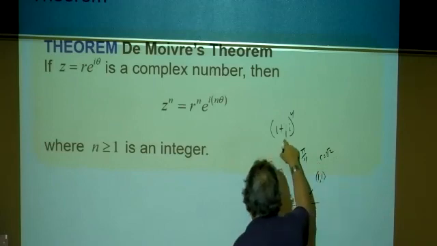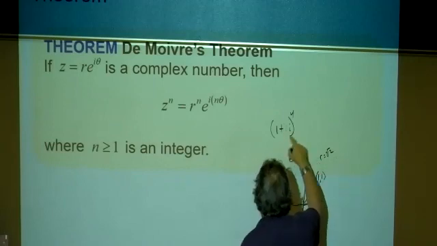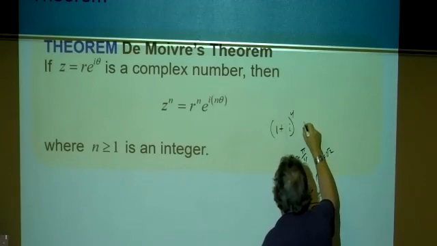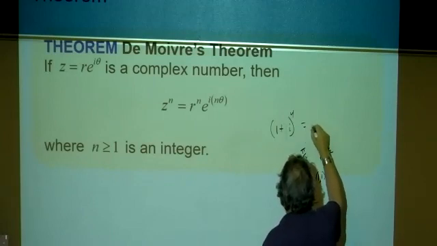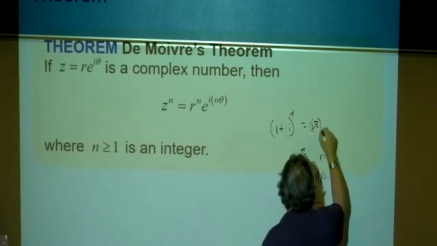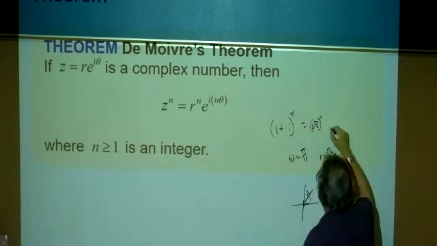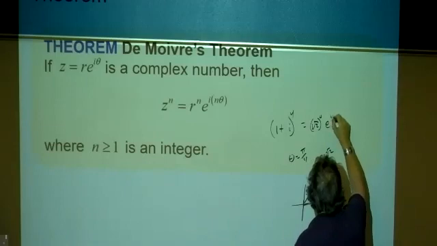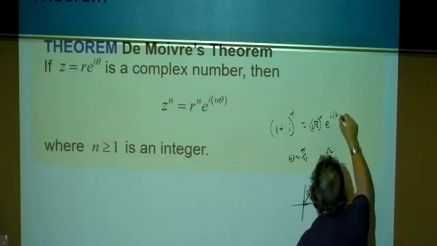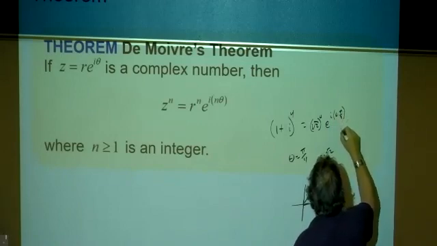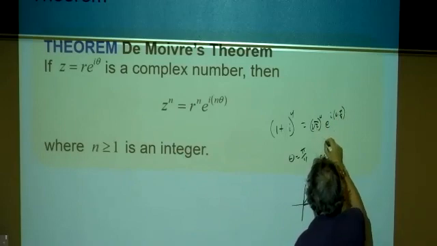So r equals the square root of 2, theta equals pi over 4. If I'm going to raise this to the fourth power, this is going to equal the square root of 2 raised to the 4th power times e to the i, 4 times pi over 4. So that ends up being pi, and that ends up being 4.